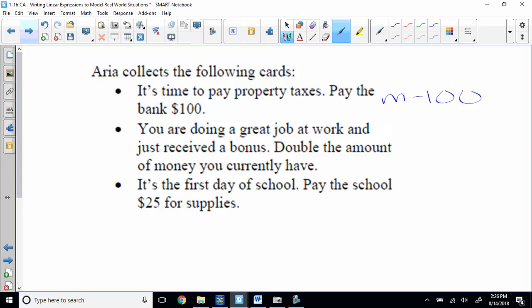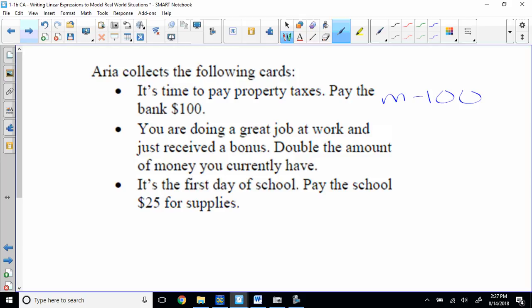But you know what? She's doing such a great job that they're going to double the amount that she currently has. So how do we represent doubling the amount of money that she currently has? That's exactly correct.